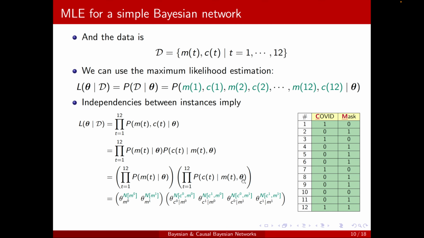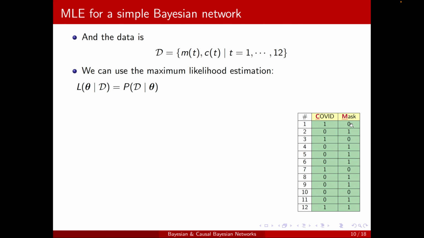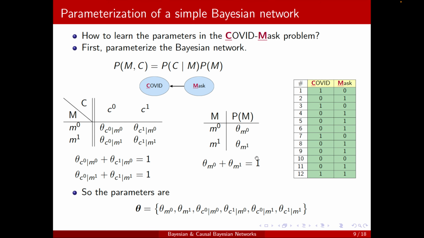What about this other one? Well, it's the same story. It's asking P of C conditioned on M for each instance. So the first one, for example, is C equal to 1, conditioned on M equal to 0, and we know that this conditioning is written exactly here. We just parameterized it, C0 or C1 conditioned on M0, and so on.